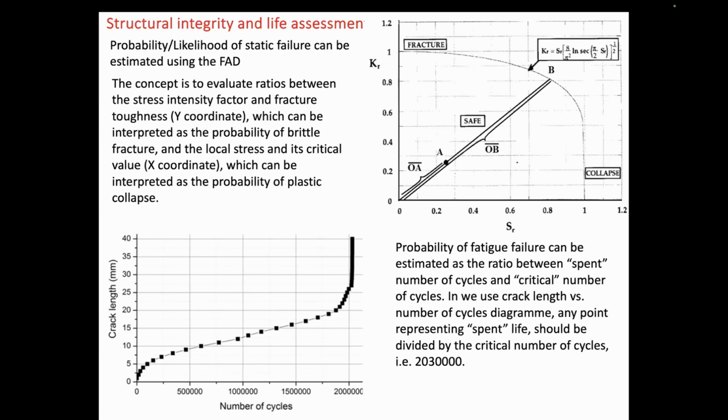So likelihood in the static case is calculated by using the failure assessment diagram. On the ordinate we have the ratio between the stress intensity factor and its critical value. On the abscissa, we have the ratio of net stress in the area of the crack-like defect, and once again, critical stress, whatever it is.